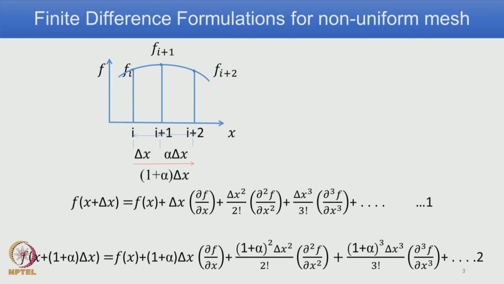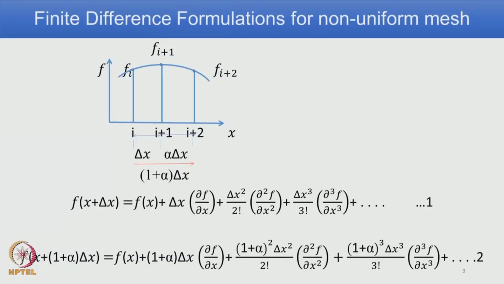So, this is necessary in the sense that you do not always have the option of getting a uniform mesh throughout the domain. You want to have a finer mesh at some location and a coarser mesh at some other location. So, in such a situation you need a formula derived based on non-uniform spacing mesh, and this is graphically shown here: a situation with a function, where I is a point of interest, and I plus 1 and I plus 2.